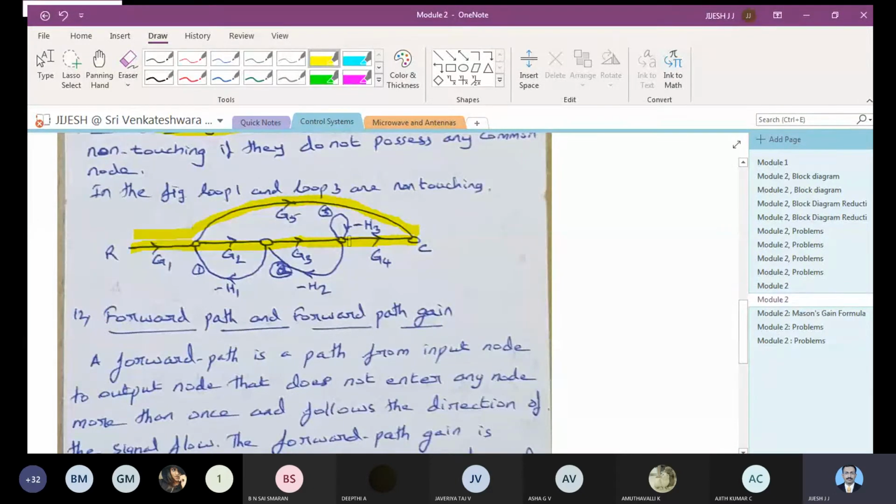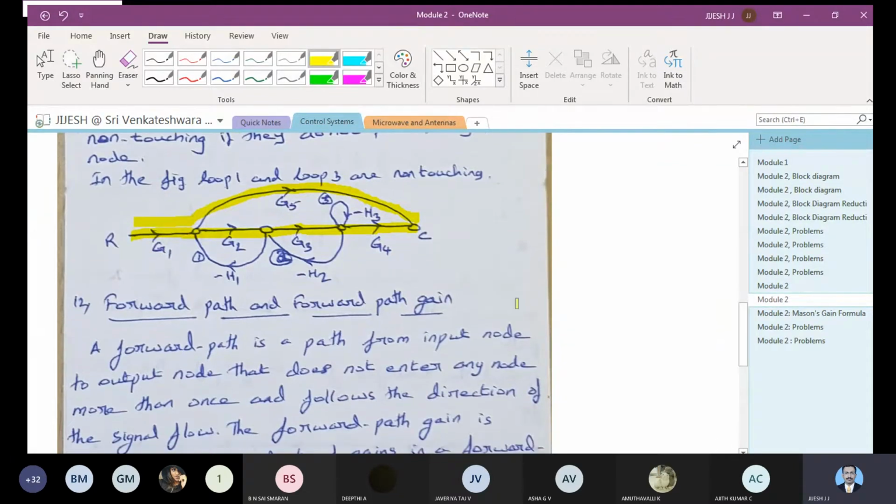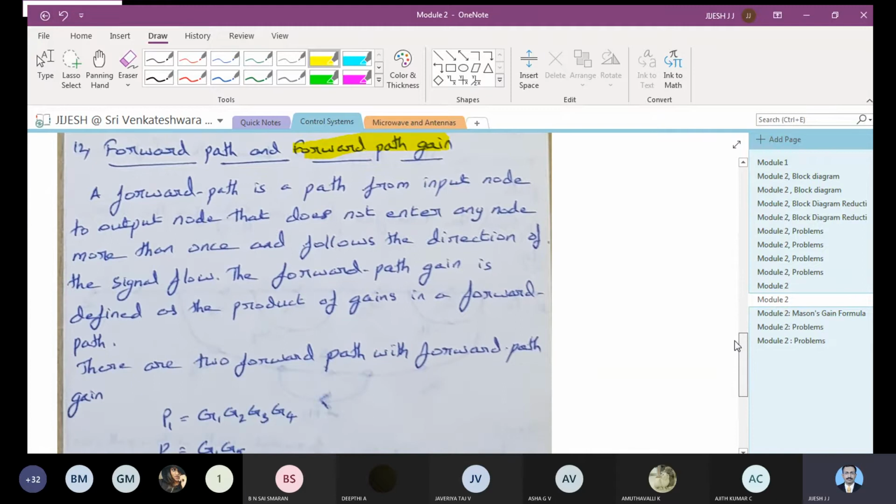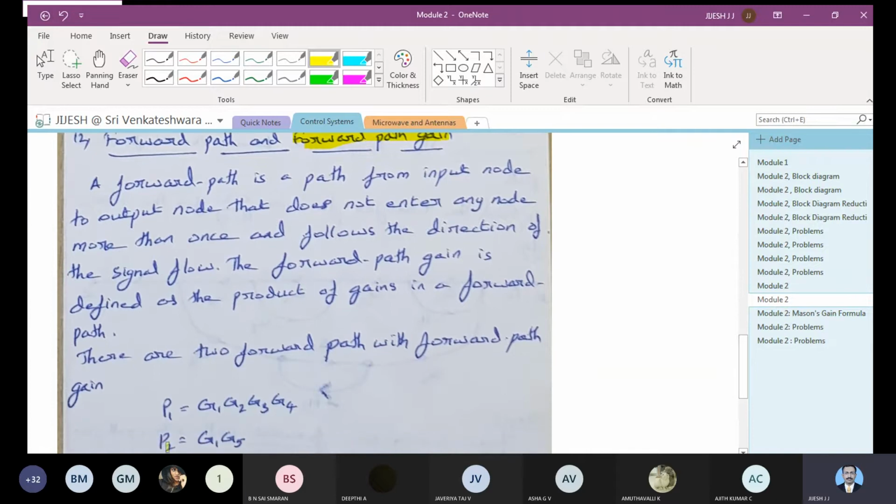So how to write? We'll write path 1 as P1 and the next path as P2. We have to multiply the gains to get the forward path gain. So P1 is equal to G1, G2, G3, G4 and P2 is equal to G1, G5.